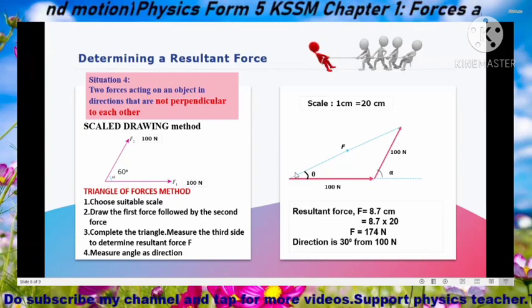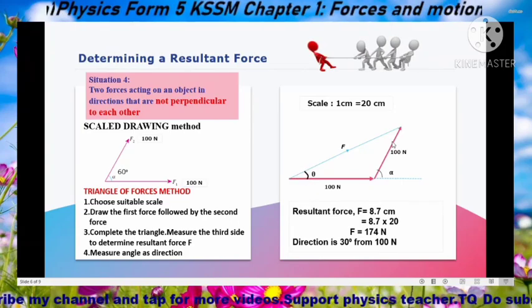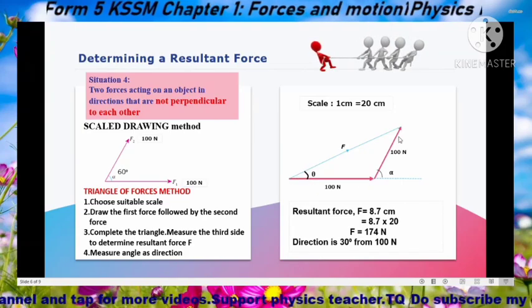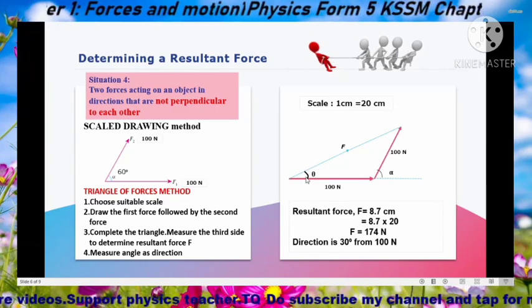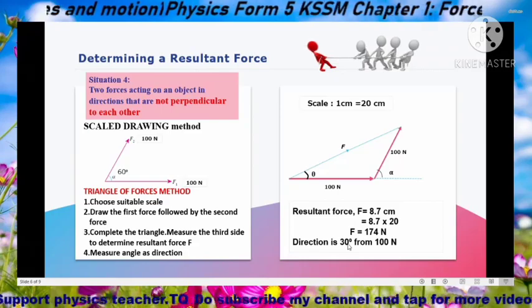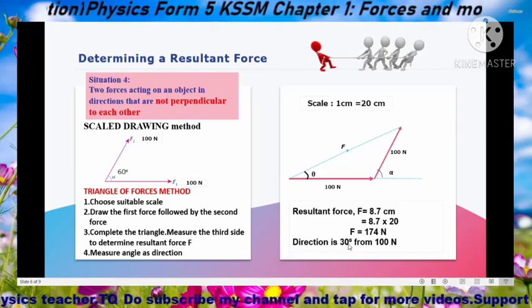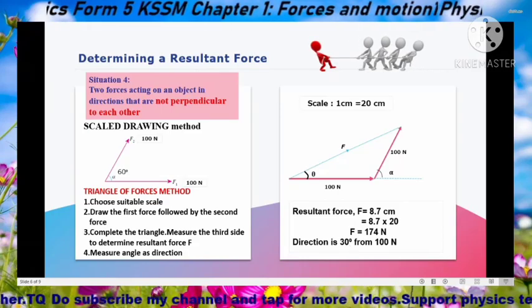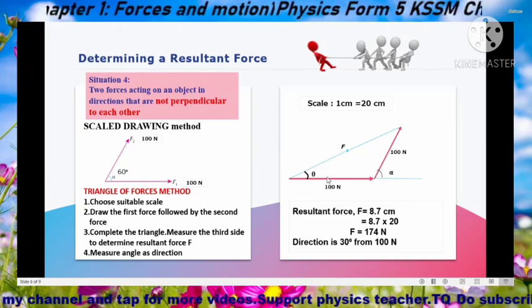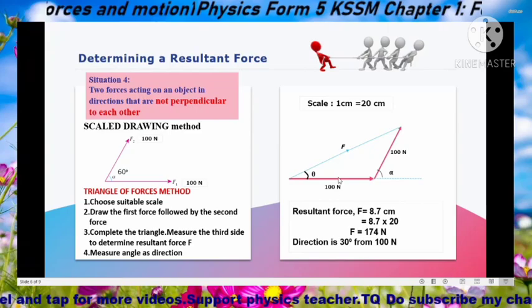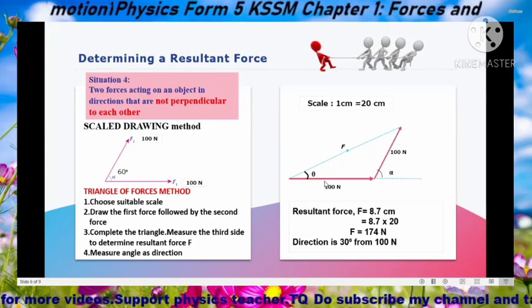Don't just guess, you need to measure accurately because everything just now we measured accurately. So theta, measure using protractor. Let's say we get 30 degrees. Okay, you must try to draw and then you can check 30 degrees from F1 or 100 Newton.